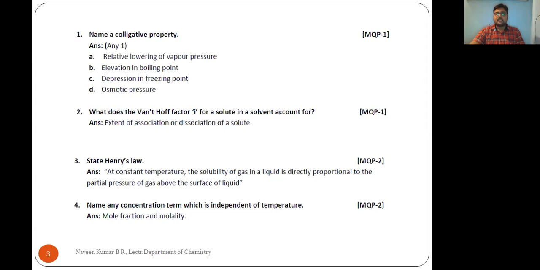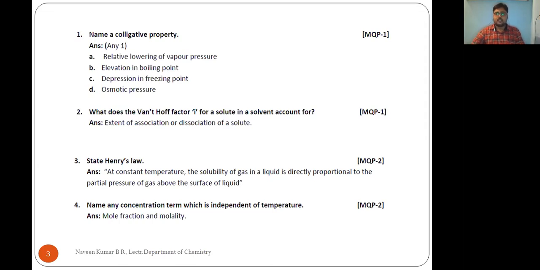If i is less than 1, it indicates that the solute undergoes association in the solution like that of acetic acid. If i is greater than 1, it shows that the solute undergoes dissociation in the solution. That is, any ionic compounds you can take, for example NaCl with Van 't Hoff factor 2.